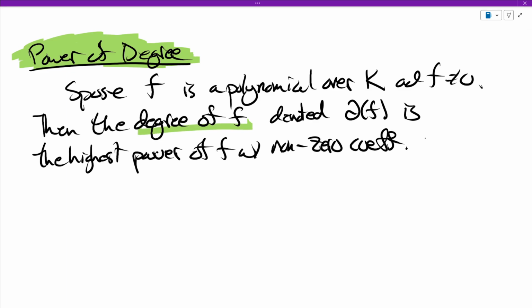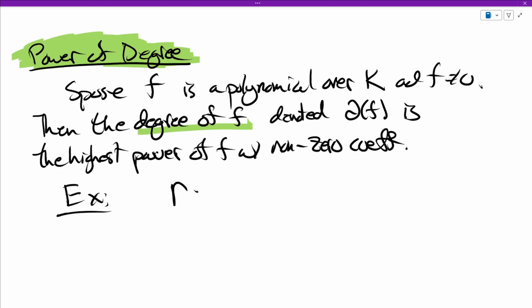So we know that since f is a polynomial over k, I can represent it as a sum where the coefficients are eventually 0. The tipping point where the coefficient goes from non-zero and it stays 0, that is the degree.